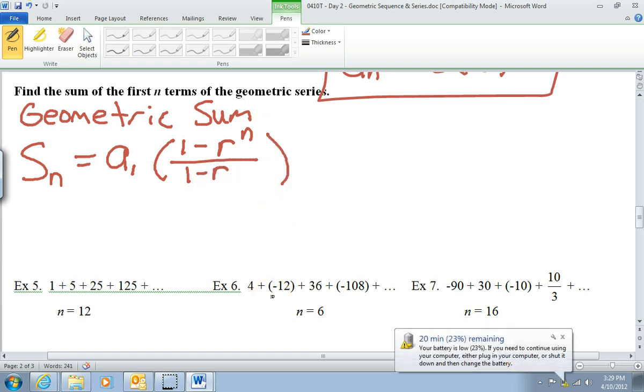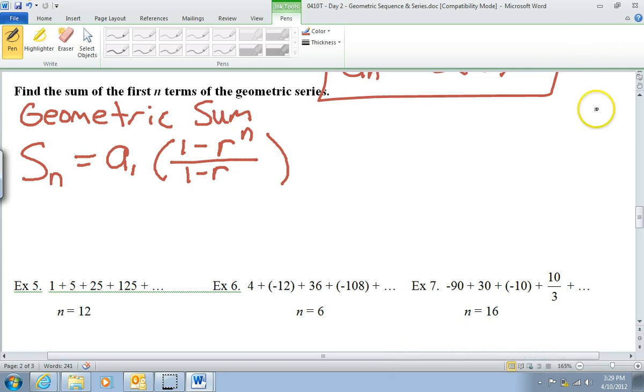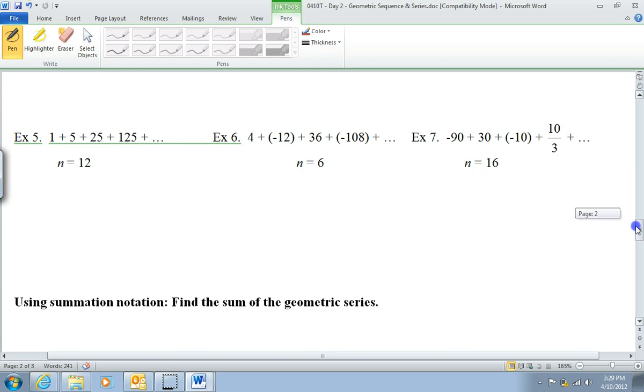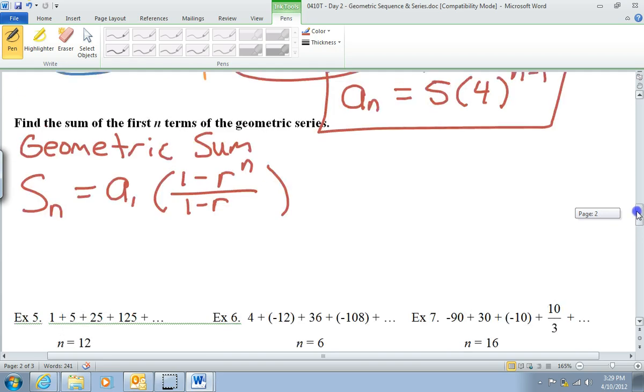That's the formula. It's on the front of your sheet, so you already have it. That's how we will find the sum when it's geometric. So look at example 5, but keep your eye on that formula because that's what I'm going to use.